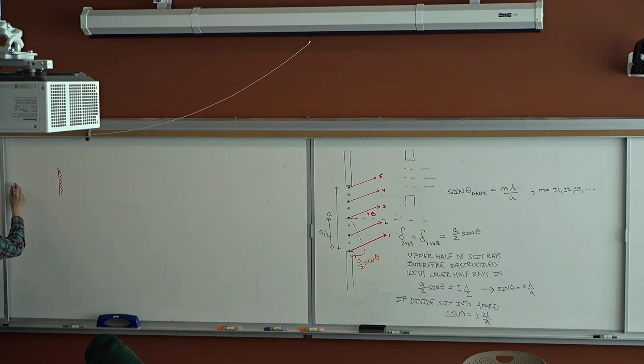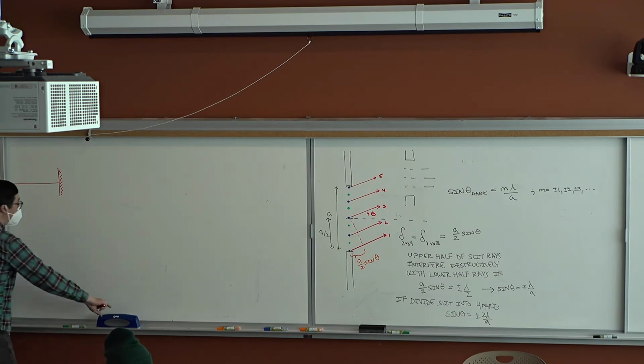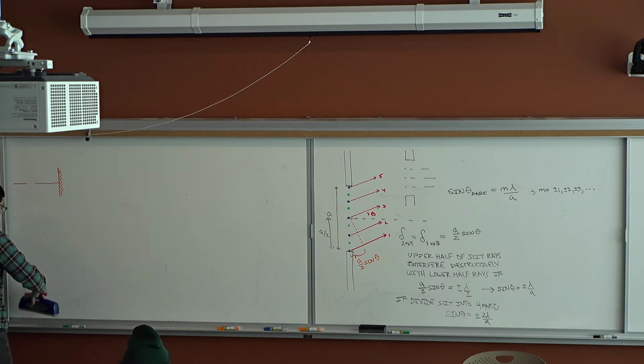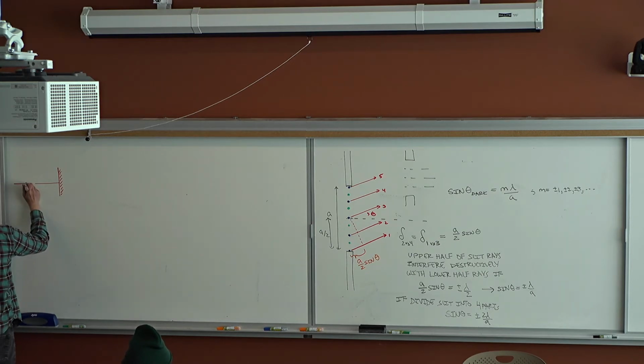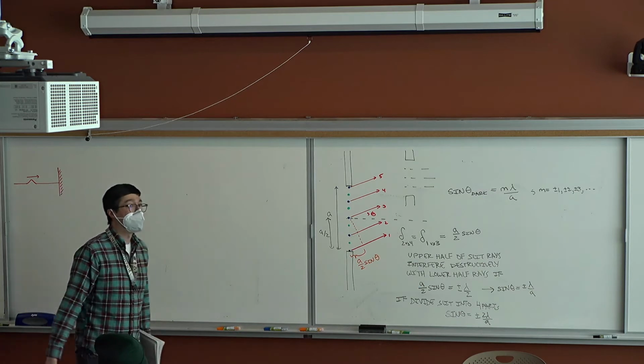If we take a string and we glue it to the wall, one side of it, and send a pulse down the length of the string, some of it is going to reflect back off of the wall.